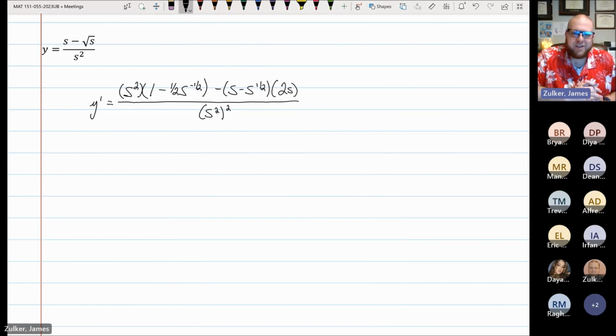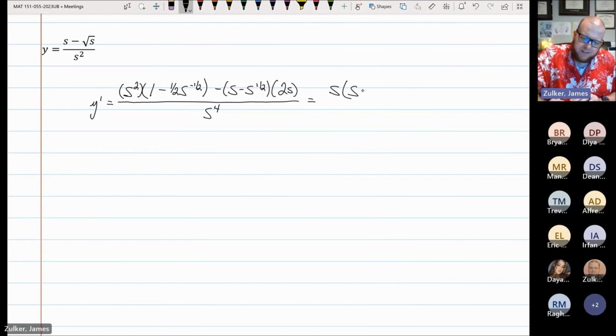I can make this a little bit easier. S squared squared. That's to the 4th, right? Factor out an S. Here we're going to be left with S, so let's distribute it through.